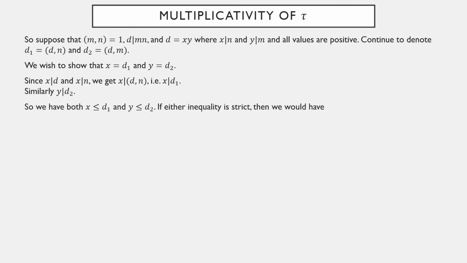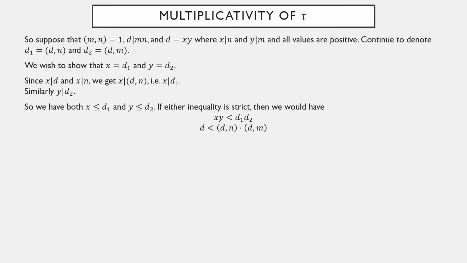But we also know that x is now less than or equal to d1 and y is less than or equal to d2, because every value up here was positive and a factor of d1 can't be bigger than it. If either of these inequalities were strict, in other words, if x was strictly smaller than d1 or if y was strictly smaller than d2, then xy would be strictly smaller than d1 d2.